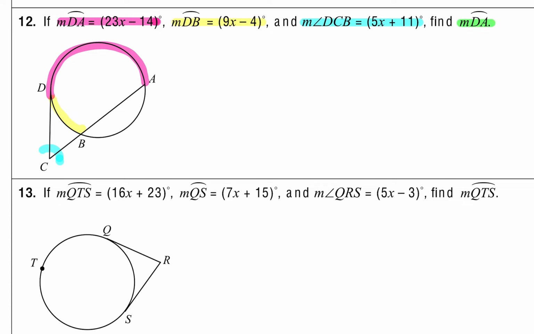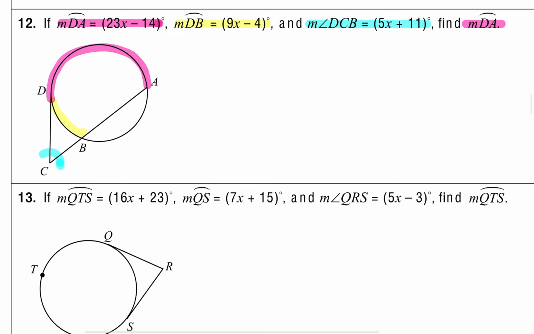Last thing is to find the measurement of arc DA. Let's highlight that in pink because that is the original arc that they gave us the expression 23x minus 14 for. So once we find x, we just need to plug it in right here, only there, because that's the only answer we need.